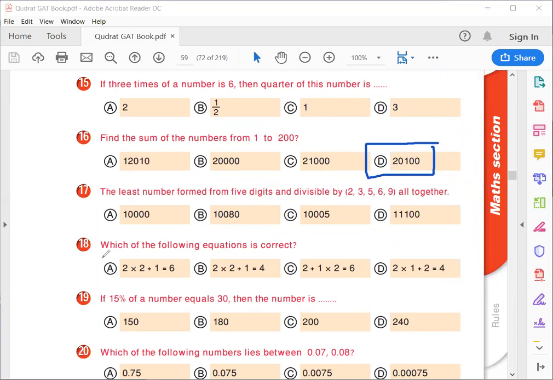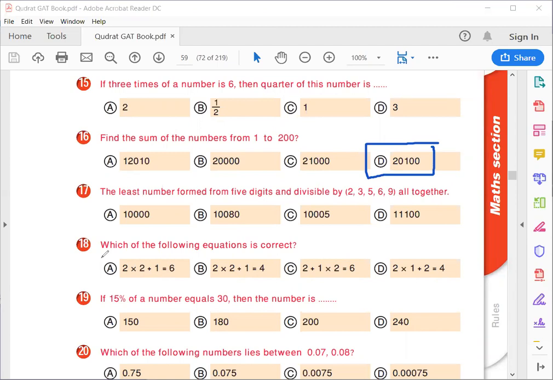Number 17. The least number formed from 5 digits and divisible by 2, 3, 5, 6, 9. We want the least number formed from 5 digits and divisible by 2, 3, 5, 6, 9 all together.